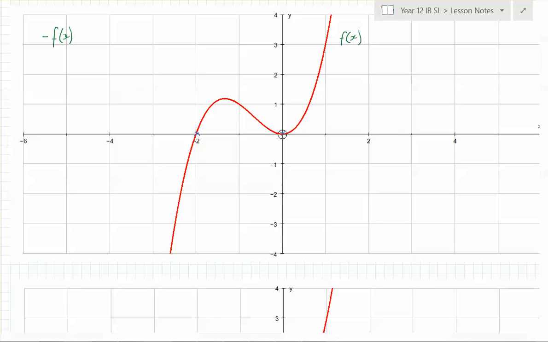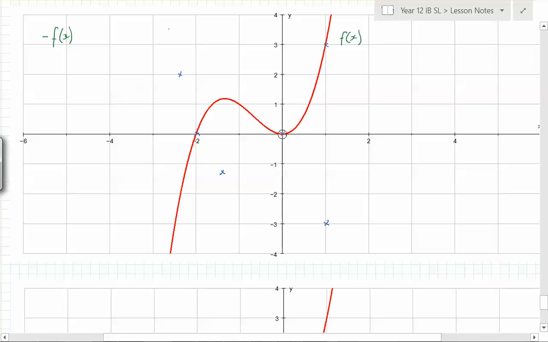But for instance, this point here, if in the initial function it is 3, after making it negative, the y value will change, the x value won't, so it will just go to negative 3. This point is here, the x value doesn't change because the negative gets applied after the function, so that x will give that value of y, but then I just make it negative, so it ends up down here. This point as well will go up.